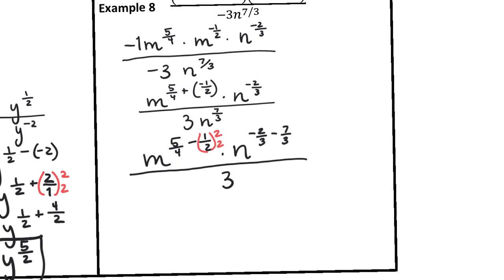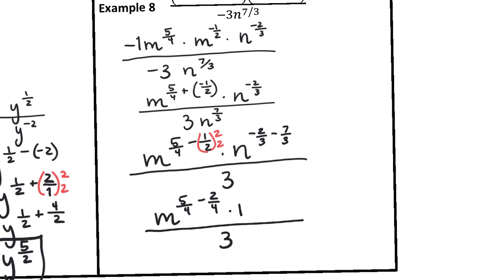So that's going to give me m to the 5/4 minus 2/4, because 2 times 1 is 2, and 2 times 2 is 4. Divided by, I'm just going to copy the 3.